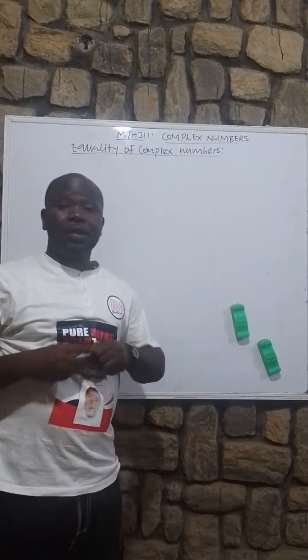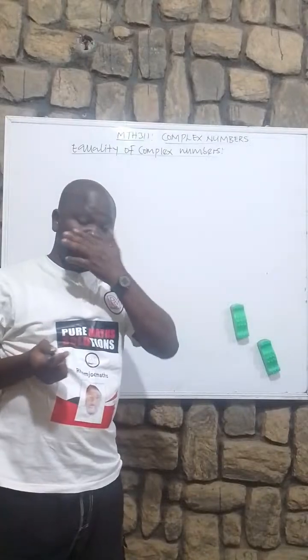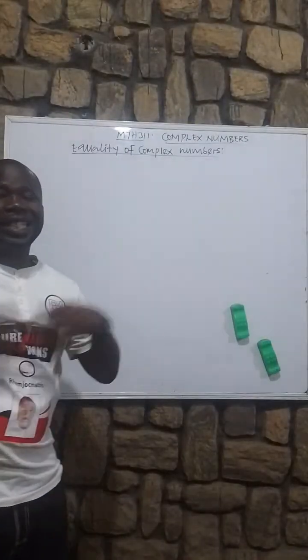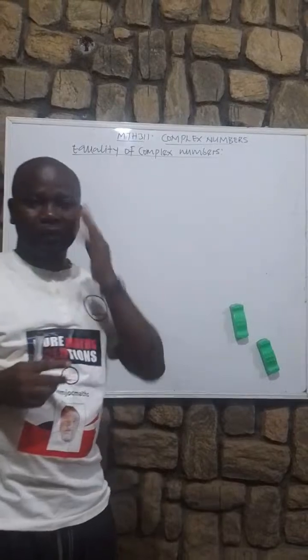What do you mean by equality of complex numbers? Equality is the same thing as equal. The same. Is that clear?